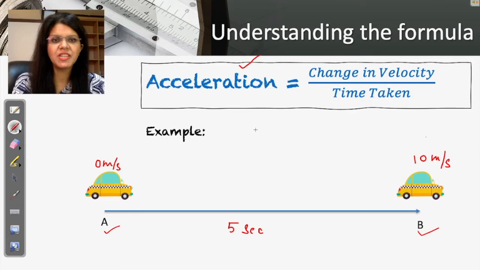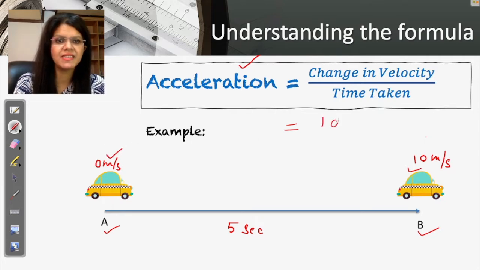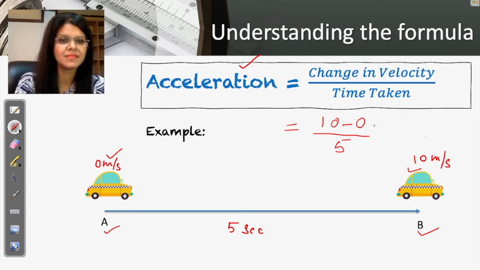So how much is the change in the velocity? Final velocity 10. Initially it was 0. So how much is the change? 10 minus 0. And how much was the time taken for this change to take place? 5. So what is your answer? 10 over 5, 2 meters per second square.